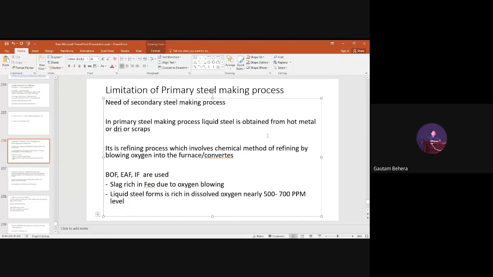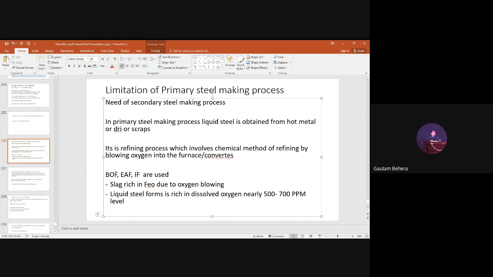Basically preferential chemical reactions between these impurities and the oxygen, and they become oxides, and finally they move to the slag phase because we are also using lime or basic oxides. So they form a slag finally. So the thing is, what is happening due to this? The first problem is here you can see.